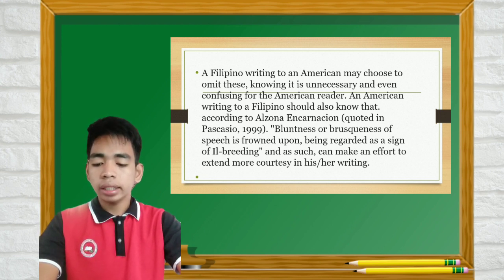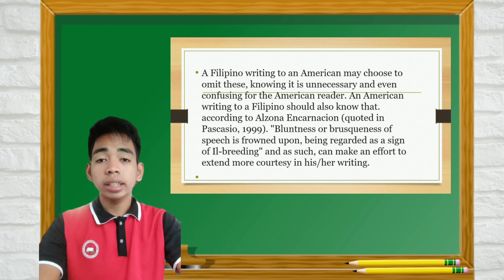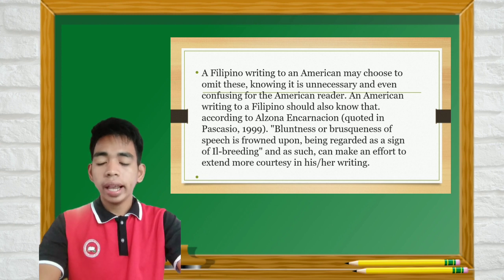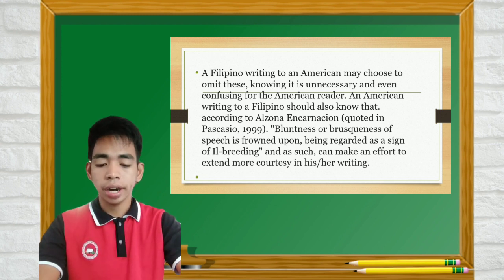An American writing to a Filipino should also know that, according to Alzona Encarnacion, quoted in Pascasio 1999, bluntness or brusqueness of speech is frowned upon, being regarded as a sign of ill breeding, and so should make an effort to extend more courtesy in his or her communication.